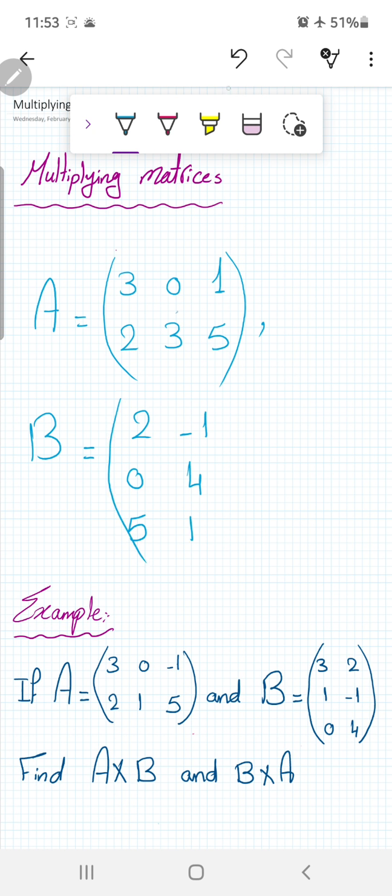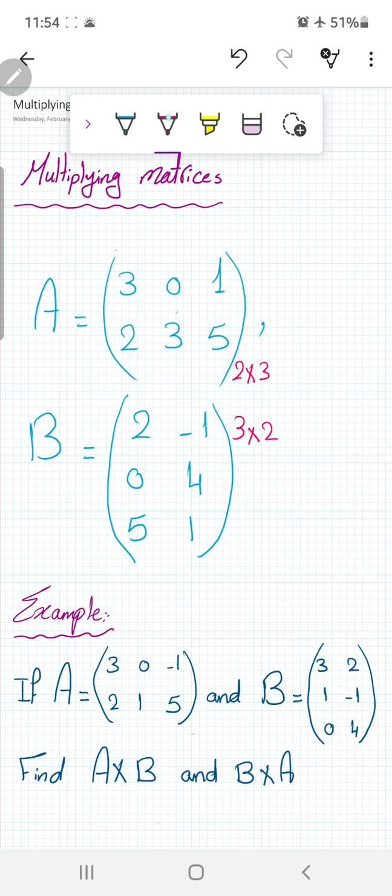Okay. Here, the first matrix, its order is 2 rows, 3 columns. So 2 multiplied by 3. The second matrix is 3 rows multiplied by 2 columns.